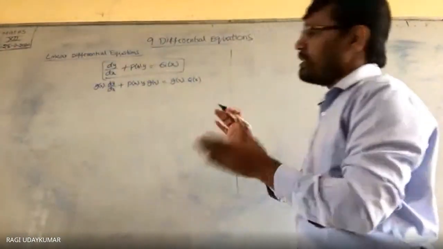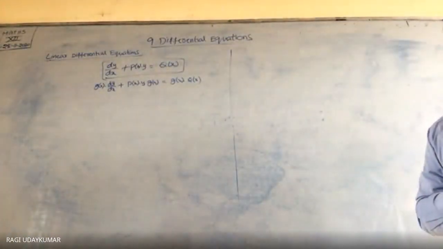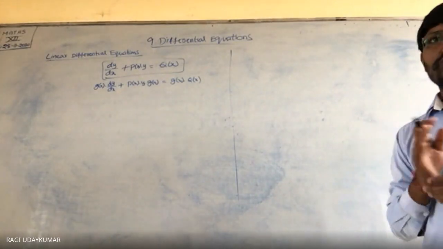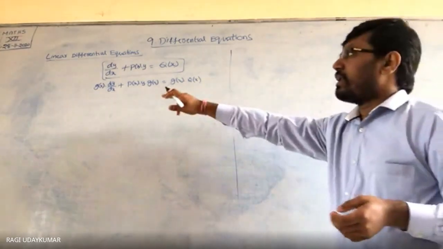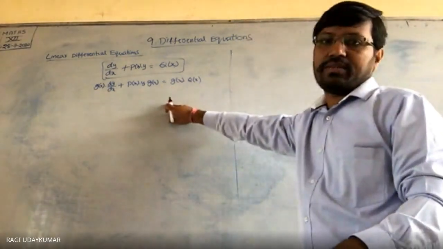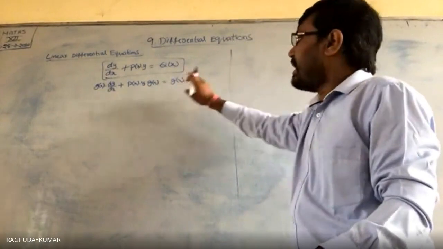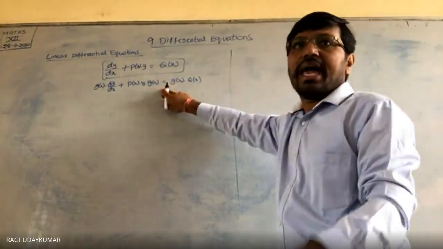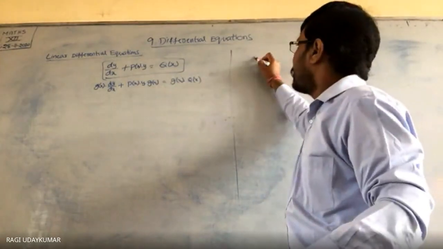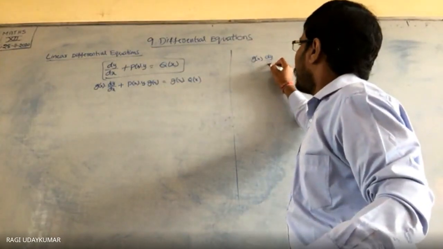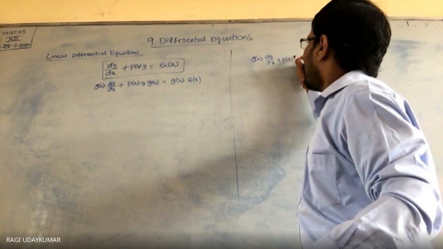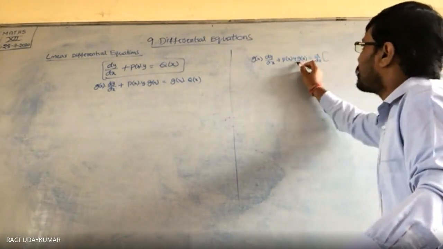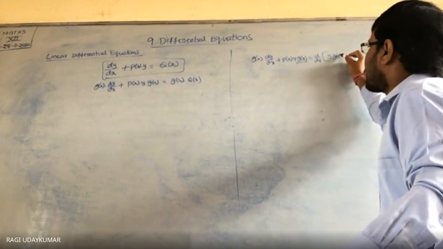I will tell you why we choose that g(x). Why we choose it like that, I will explain so that you can easily understand. You have to choose g(x) so that the left-hand side, g(x) dy/dx + p(x) y g(x), is equal to the derivative of y into g(x). ऐसा choose कर.